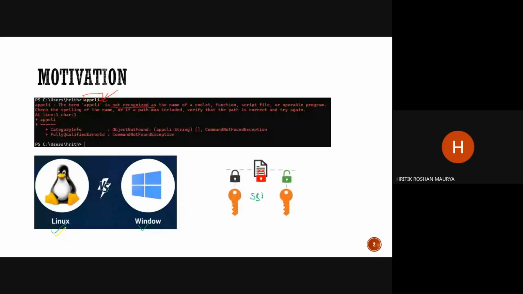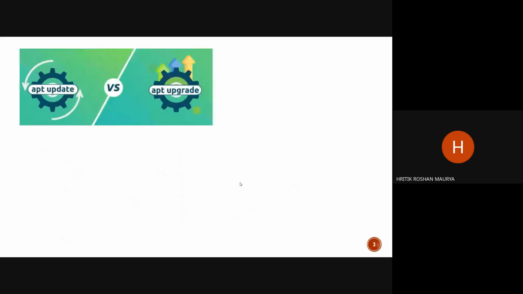So we will also cover SSH authentication and explain the concept of how it works. And then there is a command, sudo apt update and upgrade. So what is the difference between them? We will try to cover that part also.